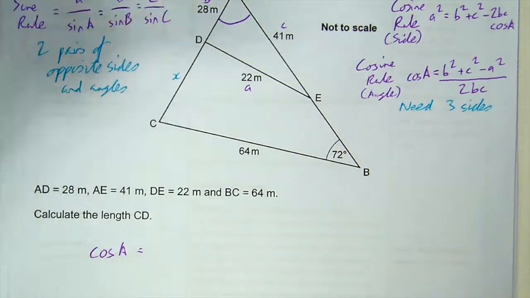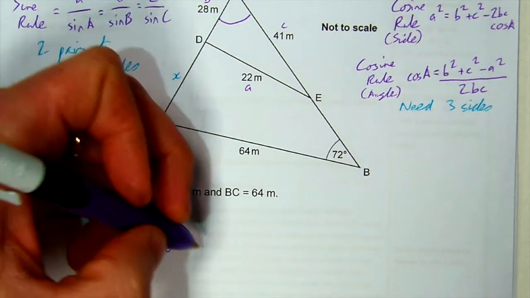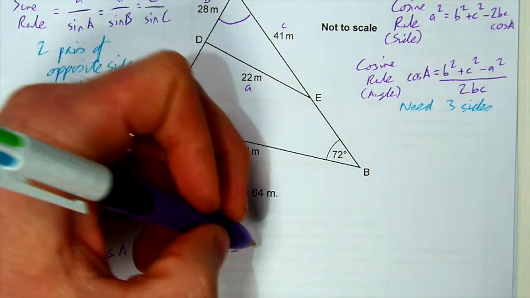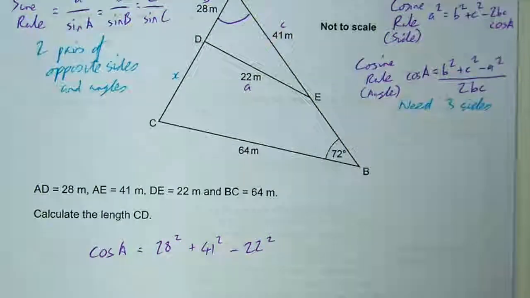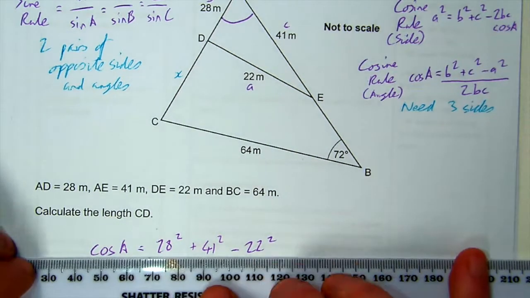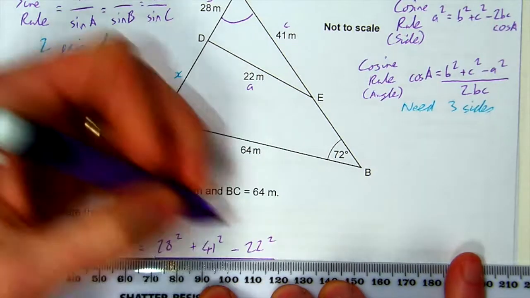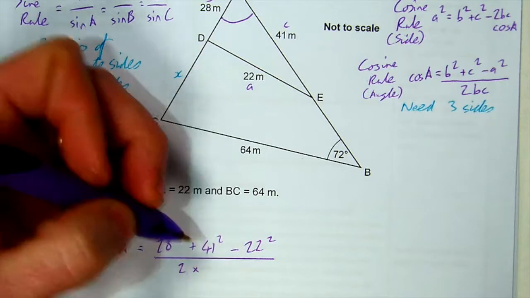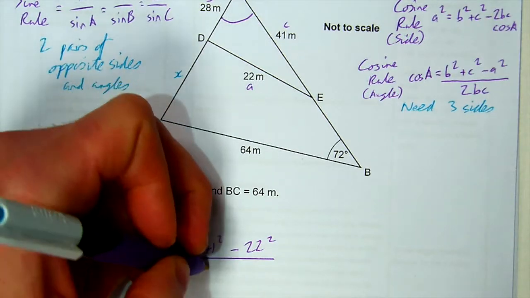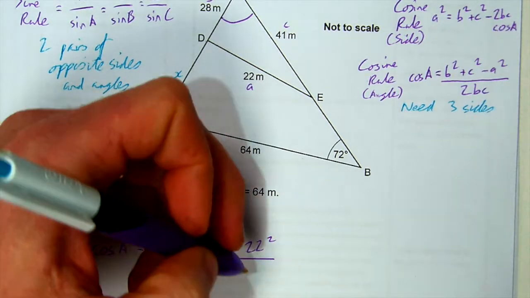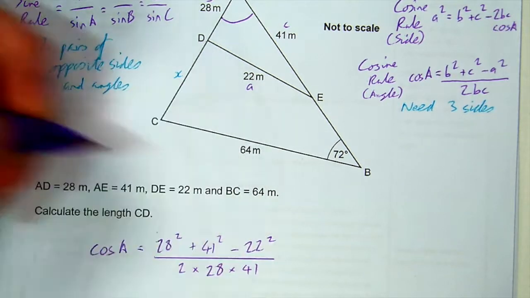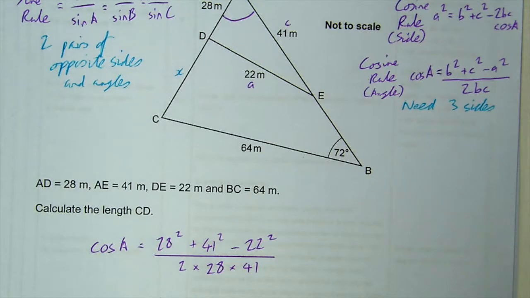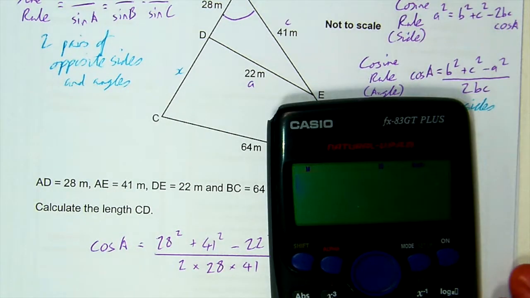So cos A equals, instead of B squared, I'm going to put my 28 squared, instead of C squared, I'll put 41 squared, minus A squared, which is going to be 22 squared, and that is all divided by 2 times B, which is 28, times C, which is 41.